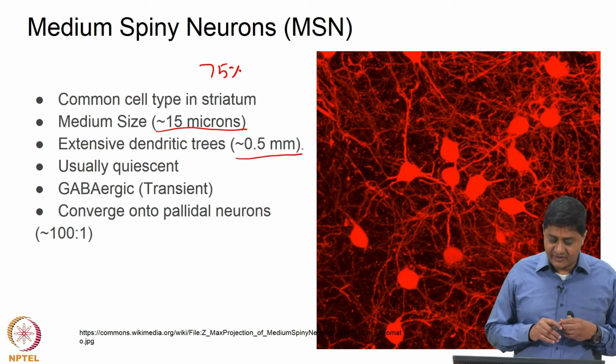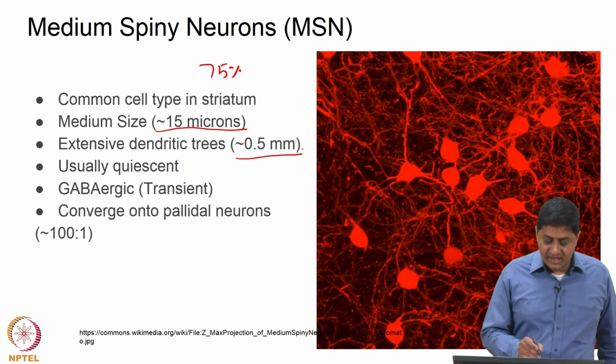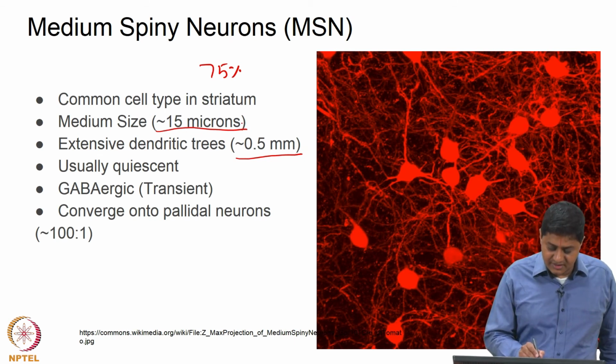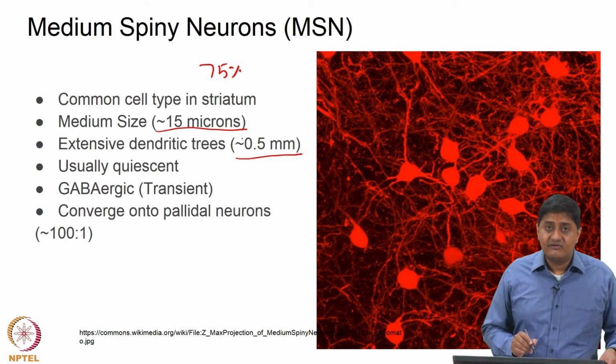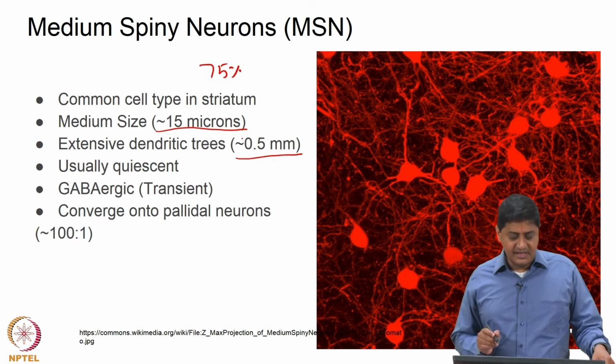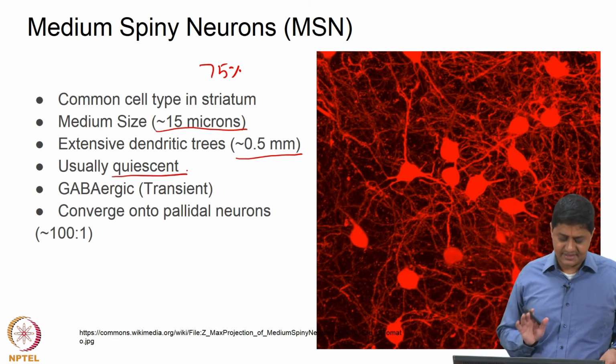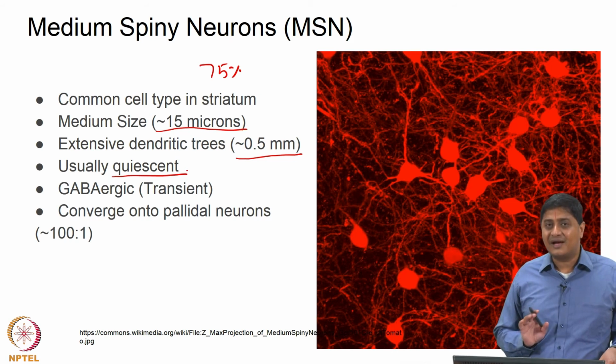So, the size of the dendritic trees is 500 microns, whereas the size of the neuron itself is 15 microns. Important to note is that the medium spiny neurons are usually quiescent, not active all the time.